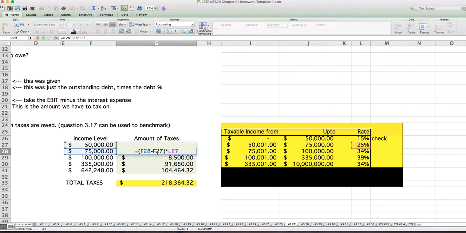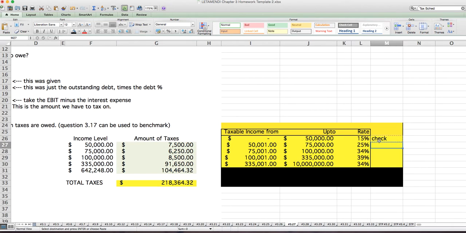So we do 75,000 minus the 50,000, which is the same thing as getting it from here because this is just copied over, times the tax for that range, which is 25%. And when we do that, we get 6,250.